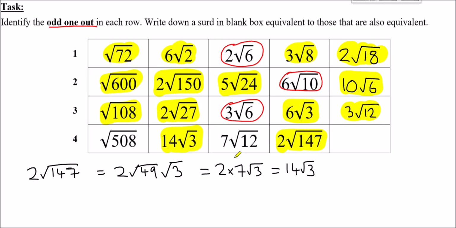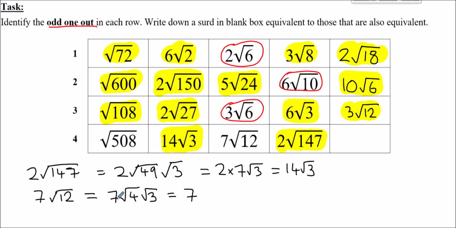So next along, let's just be thinking about 7 root 12 or some other examples. So 7 root 12, just to take this one, we know that 12 has a square number which is a factor of it, because 12 is the same as 4 multiplied by 3. So I'm going to split the root 12 into a root 4 and a root 3. The square root of 4 is obviously 2.